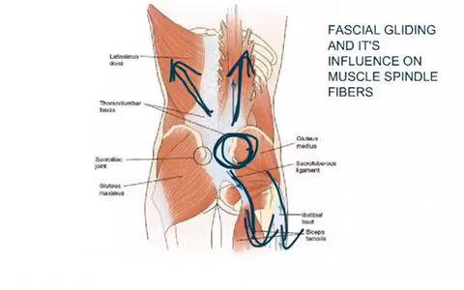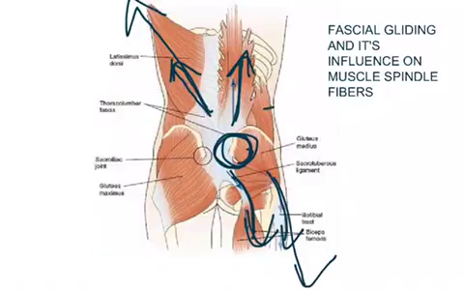However, if we have aberrations in muscle pull due to differences in fascial gliding or due to tone changes within the muscles themselves, then we can begin to get aberrations in the fascial pull, which can lead to excess stress onto a joint, which eventually leads to joint inflammation and joint irritation.